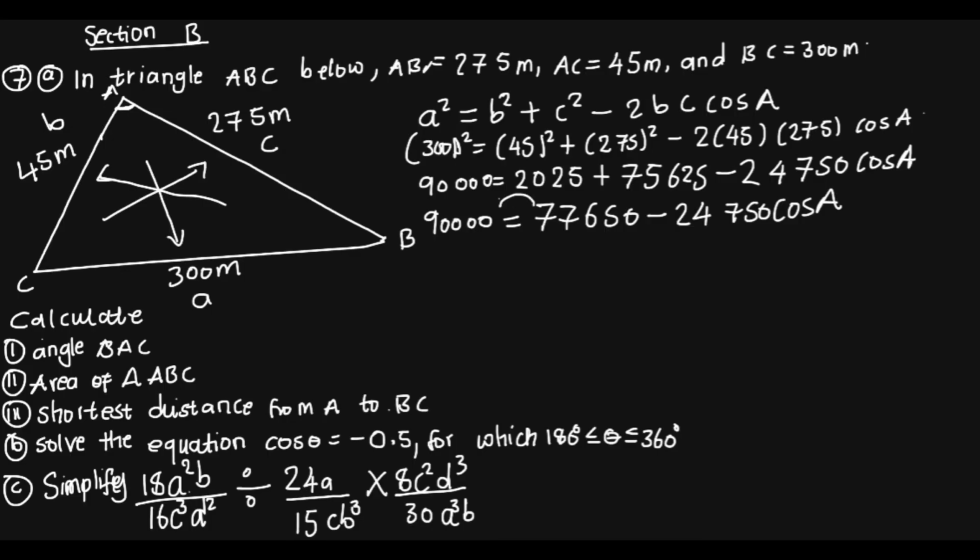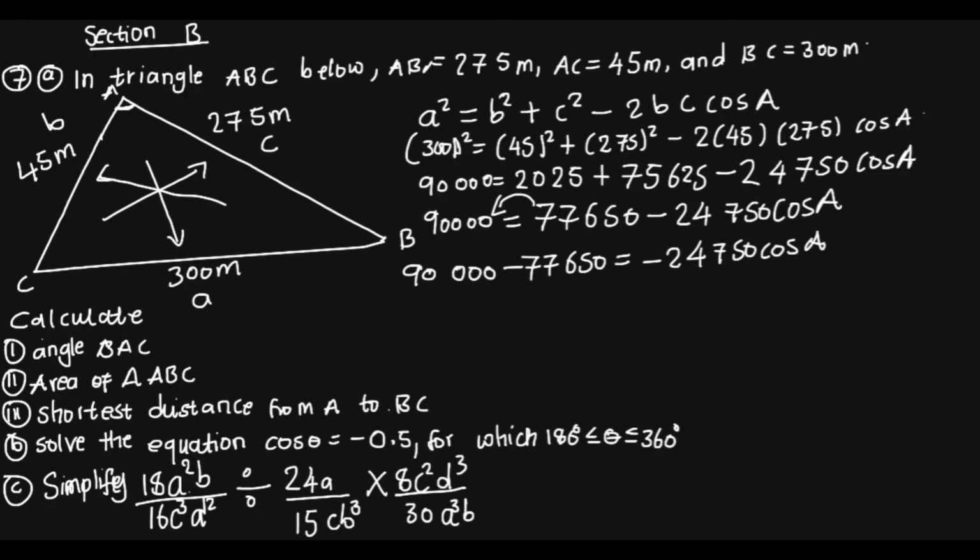This number will shift to this side, giving us 90,000 minus 77,650 is equal to negative 24,750 cos A.